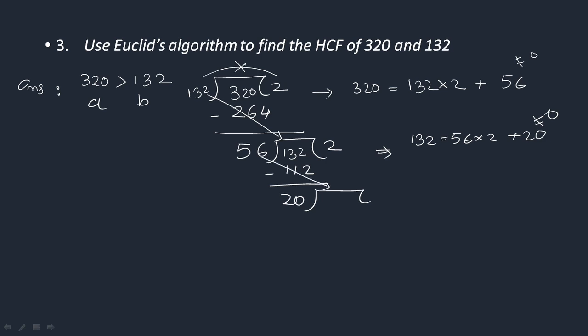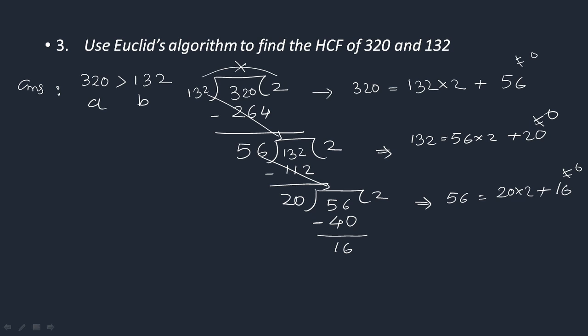Now again we will be dividing. So we have 56 divided by 20, we have 2 times, that is 40. Then 56 minus 40 is 16. So we can write 56 is equal to 20 into 2 plus 16. 16 is the remainder, it is also not equal to 0.